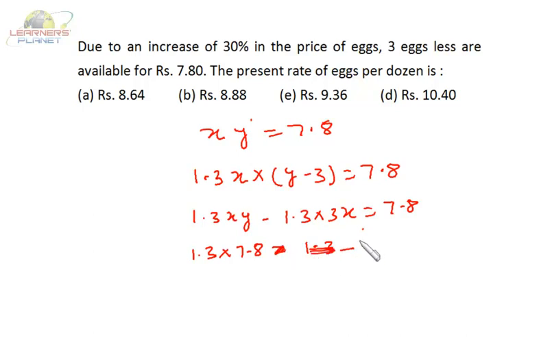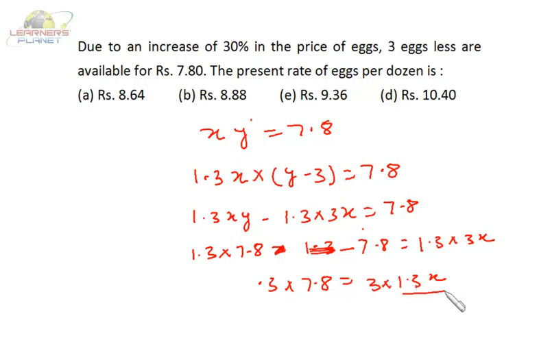is equal to 1.3 into 7.8 minus 1.3 into 3x. Let's take 7.8 as common. So we are left with 1.3 minus 1, that is 0.3 into 7.8 is equal to 3 into 1.3x. Now we have to find the increased price per dozen, that is 1.3x.